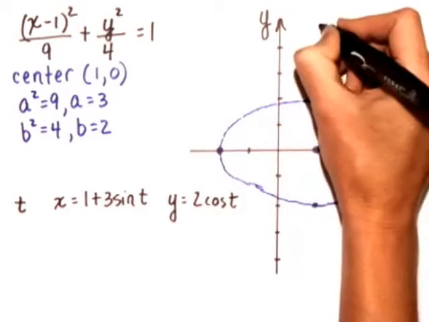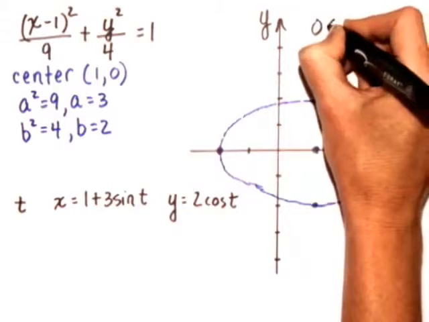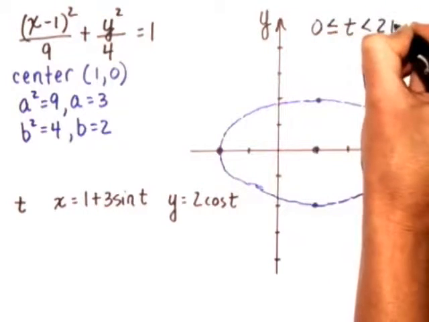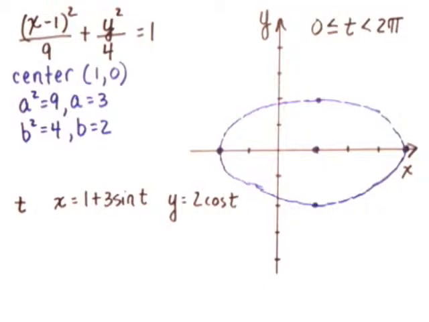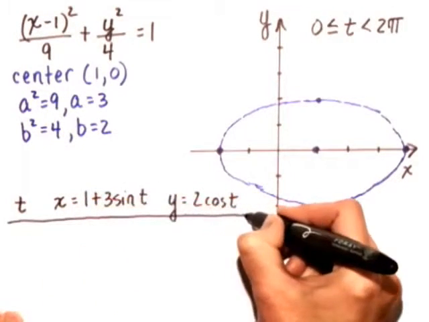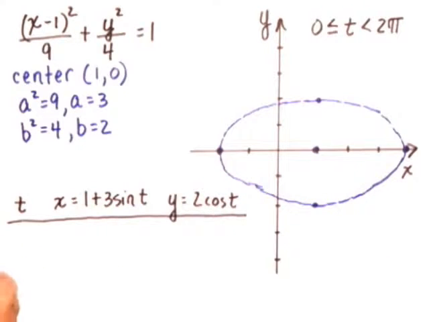And let's remind ourselves, we had a restriction: 0 is less than or equal to t, which is less than 2 pi. So we can pick a few values for t in order to get our orientation, put our direction arrows in.